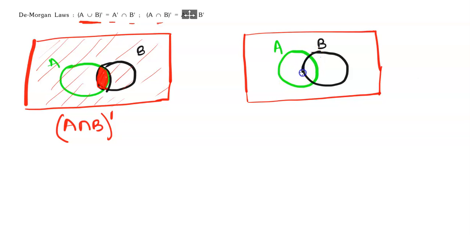So this is the only value which belongs to both A and B. This value is out of A complement union B complement, so except this value, everything is in the complement of A intersection B, which is then equal.